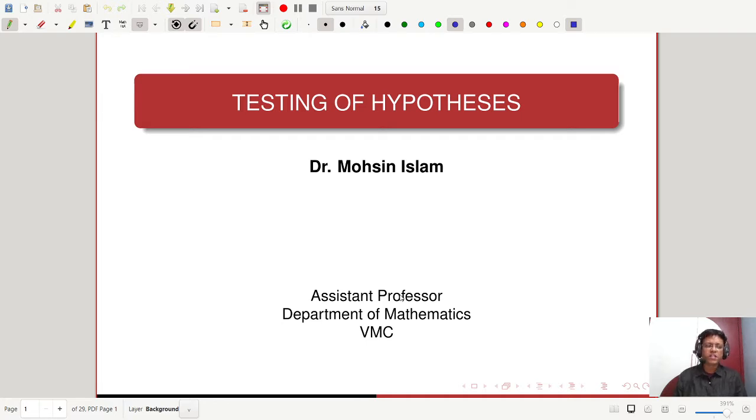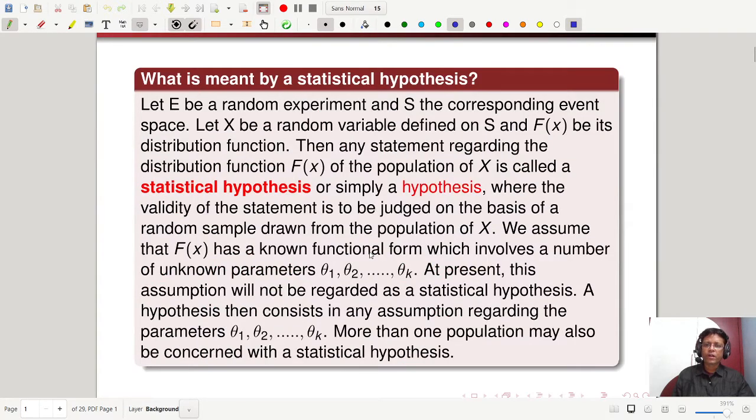what is actually meant by a statistical hypothesis. A statistical hypothesis is any sort of assumption about the distribution function Fx of the population.